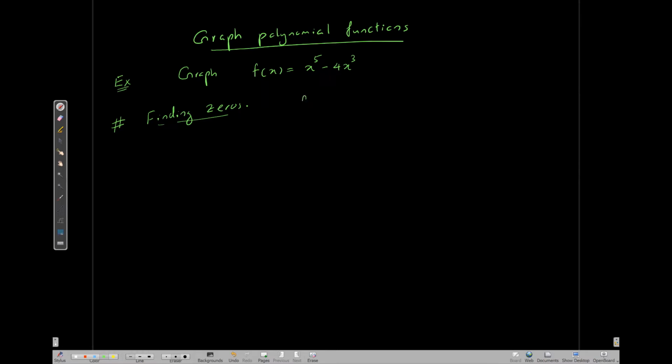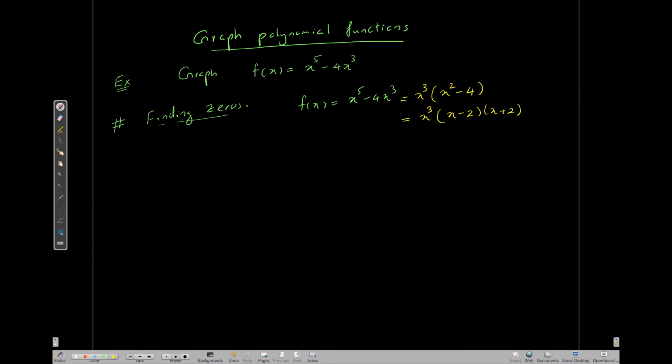So f of x, x to the fifth minus 4x cubed, I can pull x cubed out and then I'll have x squared minus 4. And x squared minus 4 is a difference of squares, so x minus 2 times x plus 2.